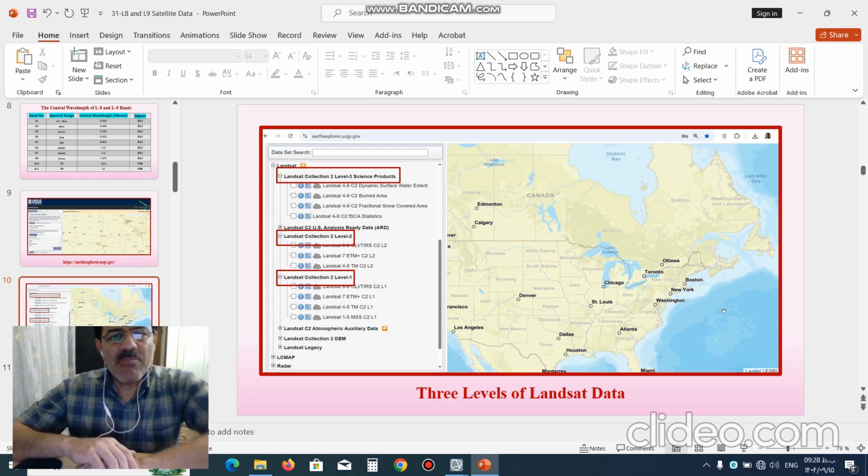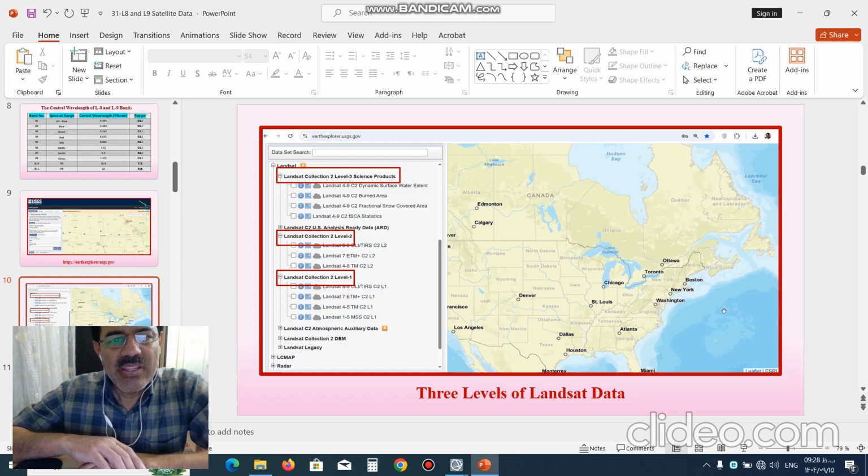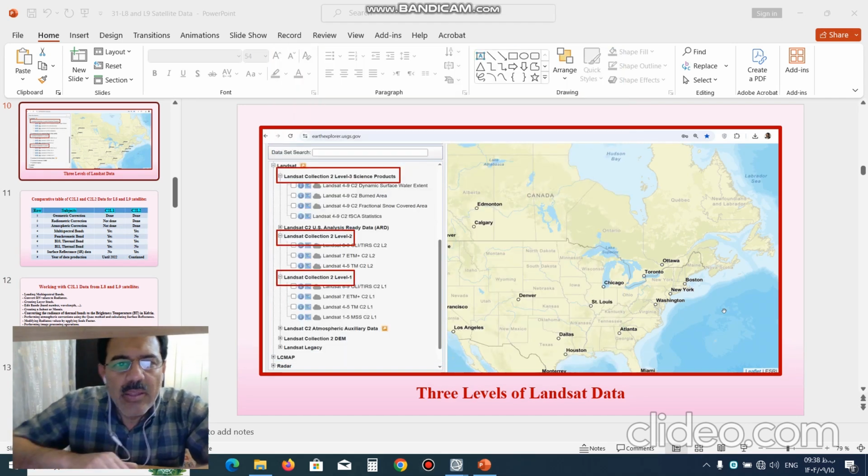So we can see 3 levels of Landsat data. In geology study or mining study, we usually need Collection 2 Level 1 and Collection 2 Level 2.